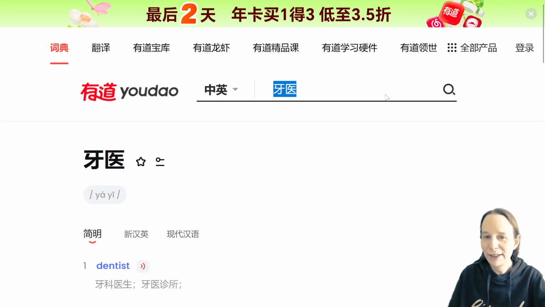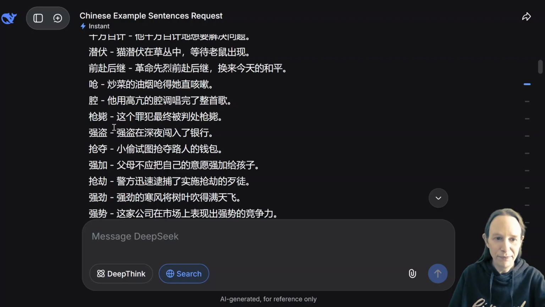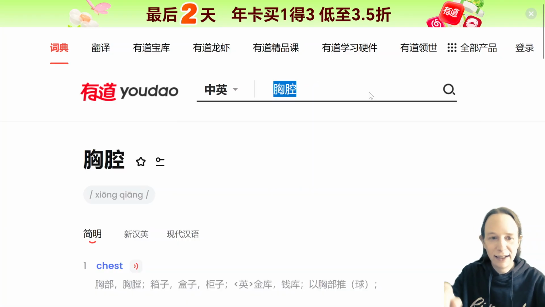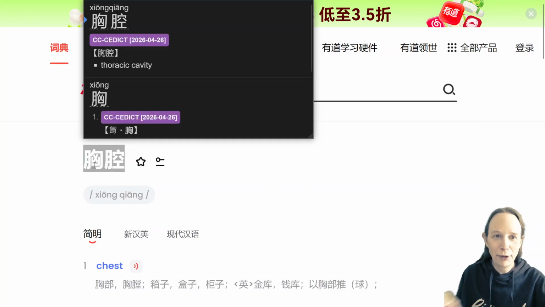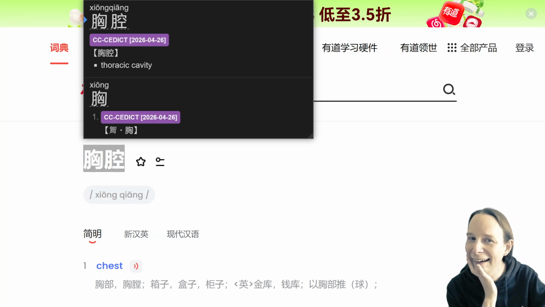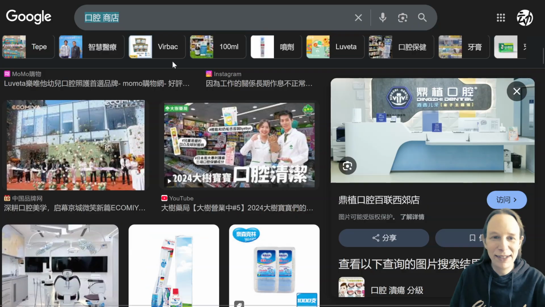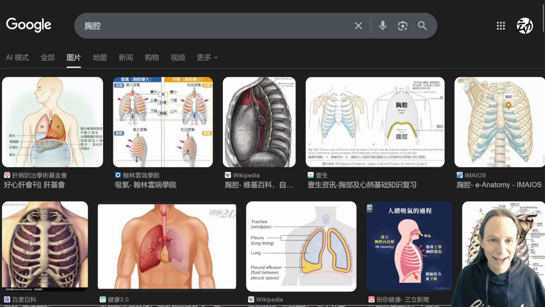All right. How do we get onto this? Oh, because we're talking about cavity. Okay, 口腔. That's the main one. The other one is 胸腔, like thorax, thoracic cavity. I don't even know what that is, but you do encounter it from time to time.